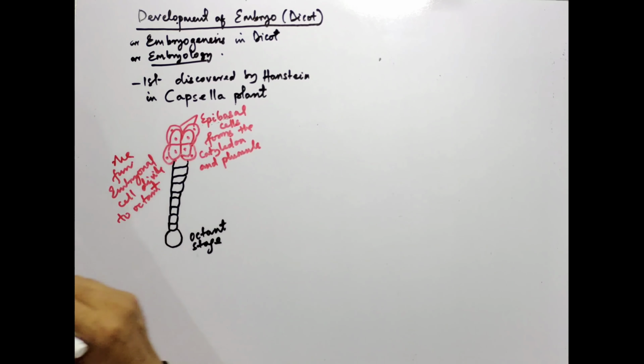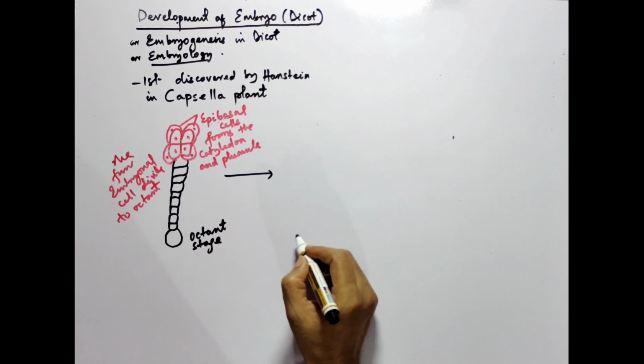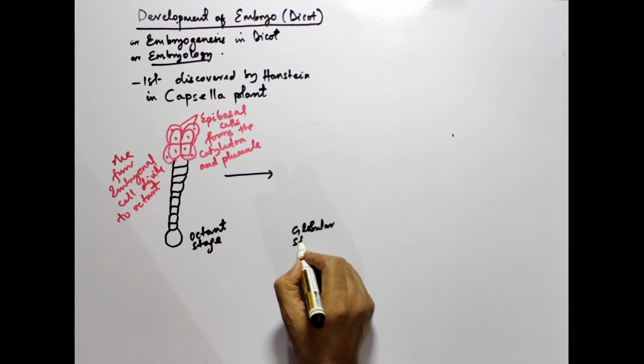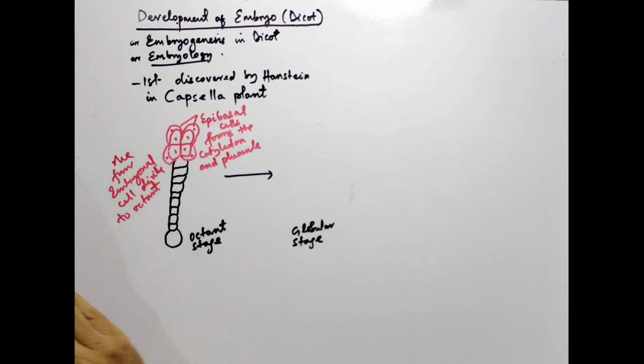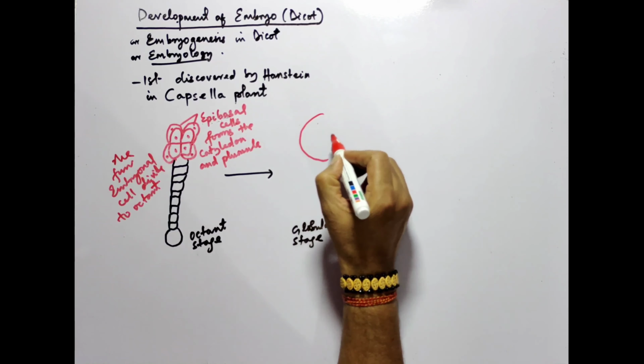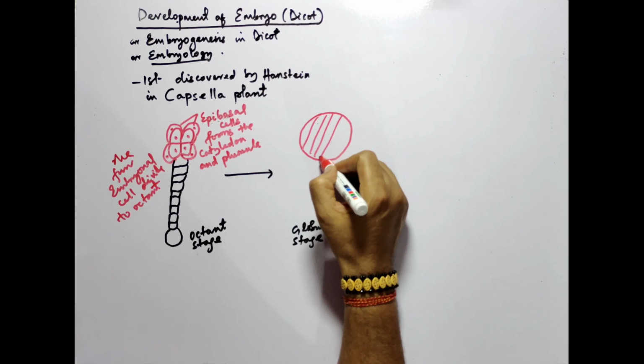Next stage is called the globular stage. In this case, the epibasal cell and particularly the embryonal cells will divide in both directions and produce a mass of cells.